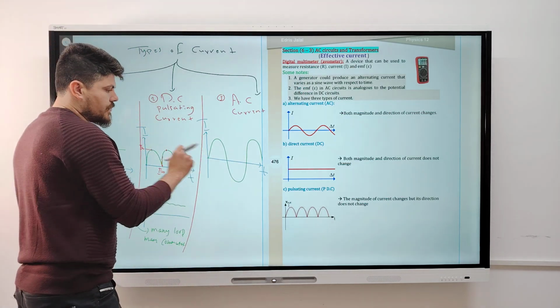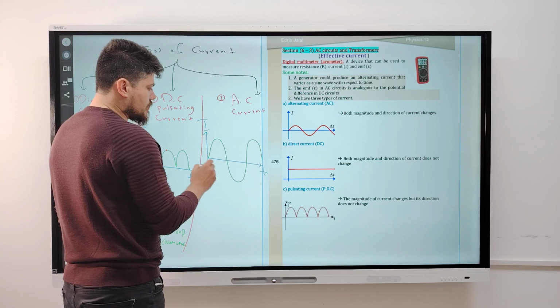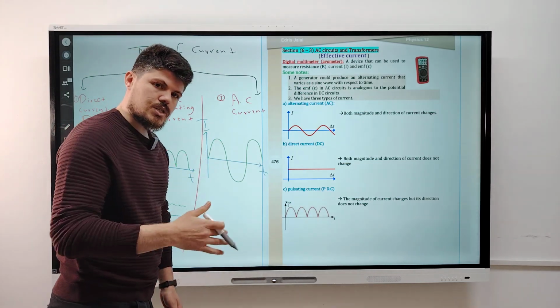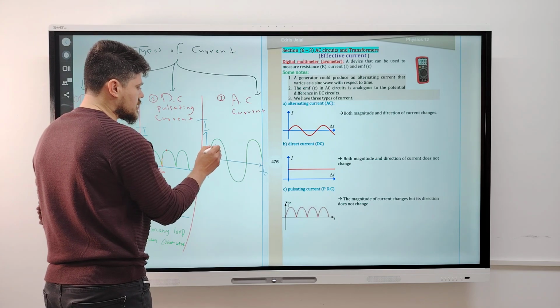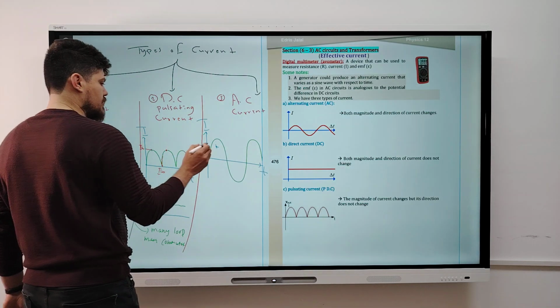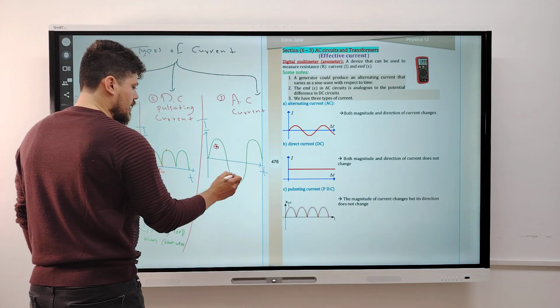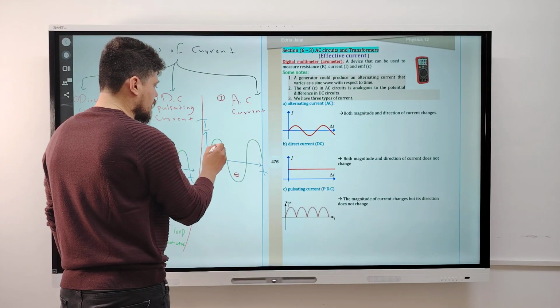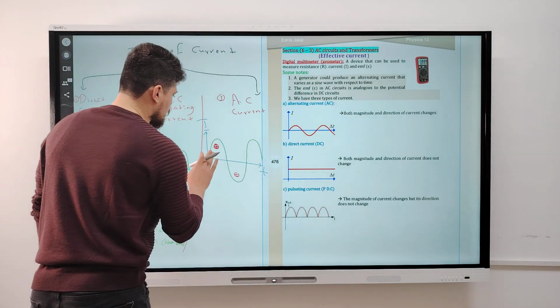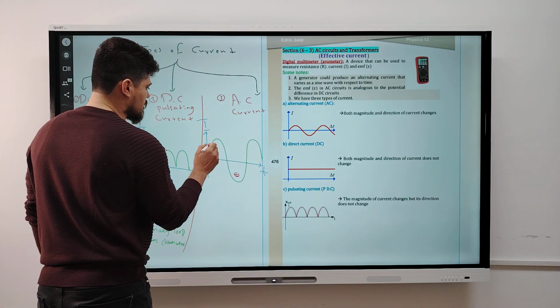So in this figure, the magnitude of the current and the potential difference changes continuously. At this position, the current is positive, and here it is negative. So the magnitude also changes.